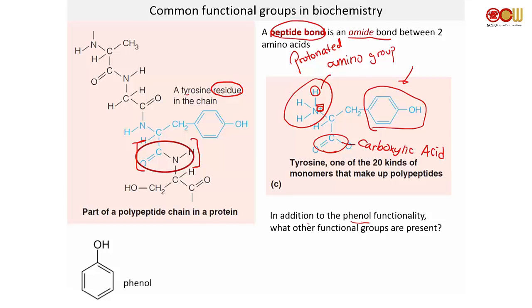Together, they give you amino acid. Amino is on the nitrogen, acid is on the organic acid. So that's why it's called amino acid.